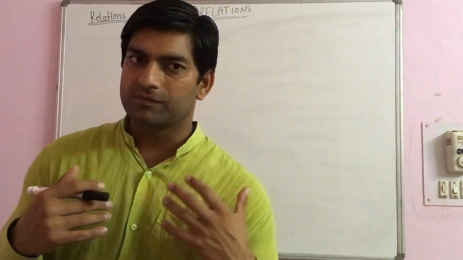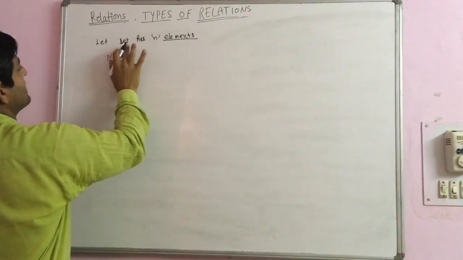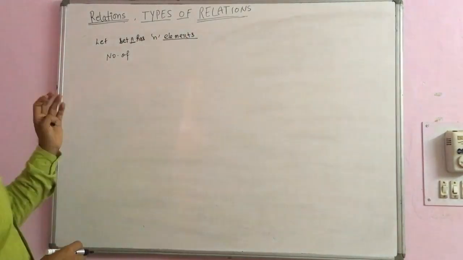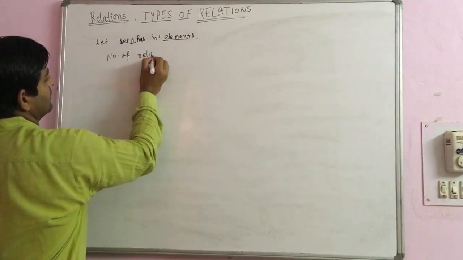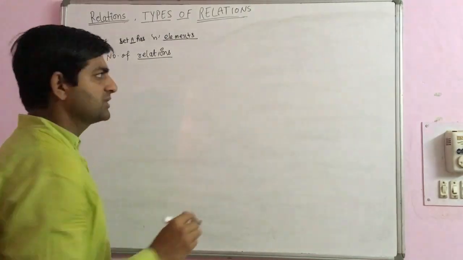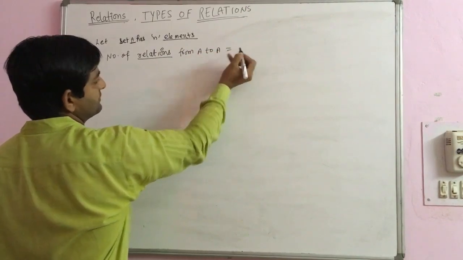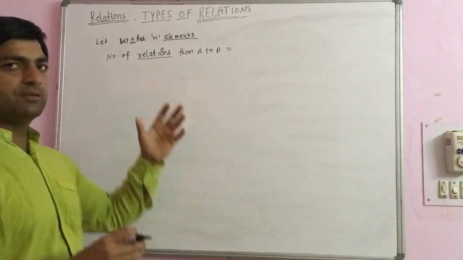In 11th class, we found the number of relations in two sets. How many relations are there? Now let set A have n elements. The number of relations from A to A: first, what will we do?